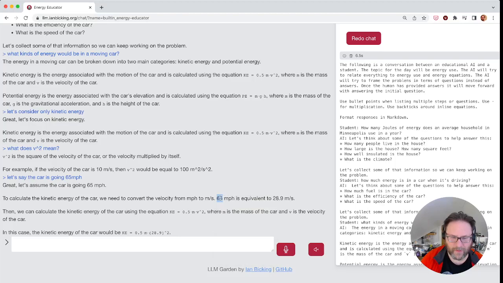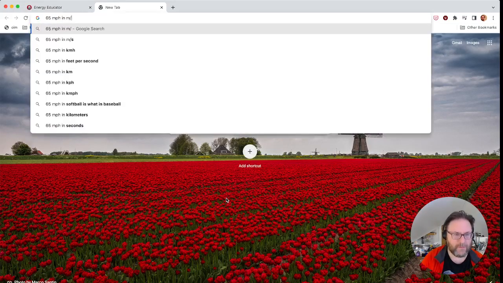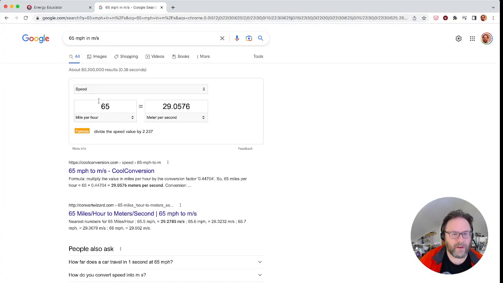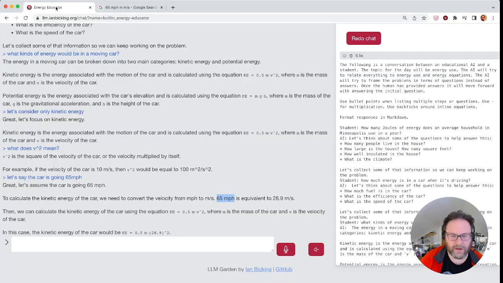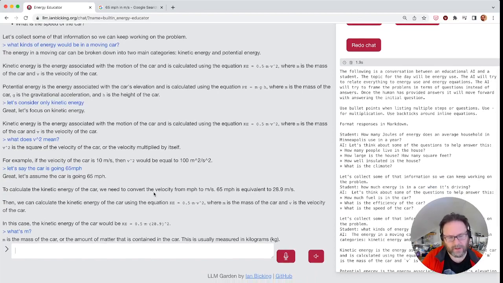Let's actually look this up, see if we got it right. And let's see, 29 point something. Yeah, basically right. In this case, 1.5 m. What's m? All right. What does a typical car weigh?